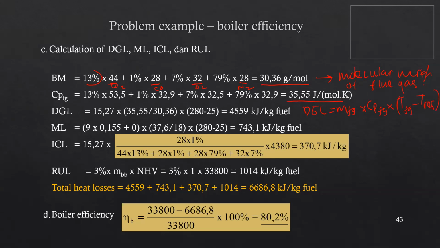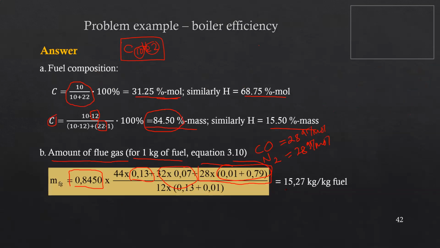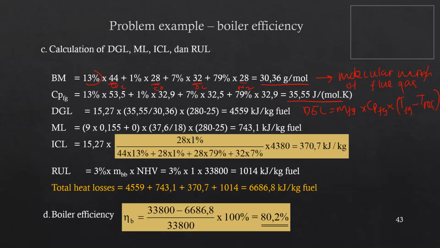Okay, so we have the mass of the flue gas here, which is 15.27. And we have also the Cp of the flue gas. The Cp of the flue gas we need to correct with the molecular weight. So that's why here we calculate it based on this formula, Cp of the flue gas divided by the molecular weight.